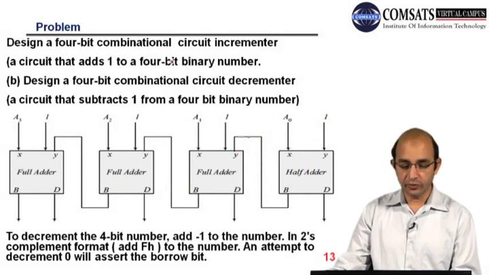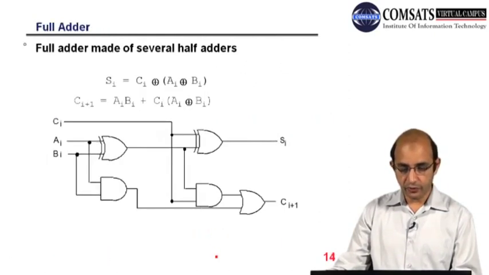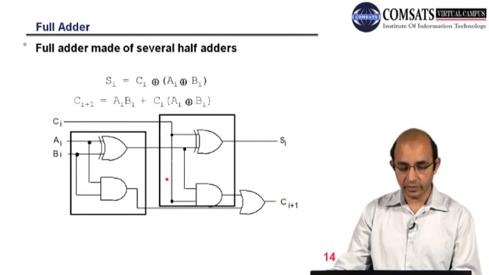So actually what we need to do, we need to add -1 in order to have a decrement. So here you can see we are talking about the adders, but what we need to do is add -1, or you can say that we have to take the 2's complement. So this is the full adder, and you can see we have cascaded 2 half adders in such a way that it represents a full adder. 2 input bits, this is the input carry, and this is the sum, and this is the carry out.